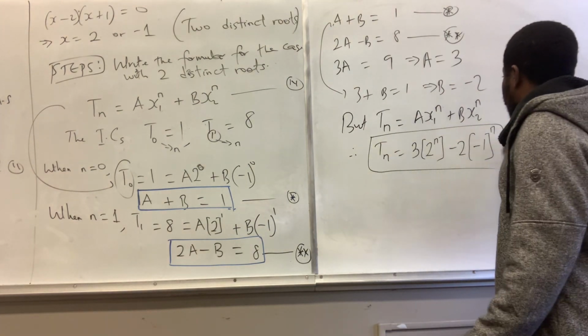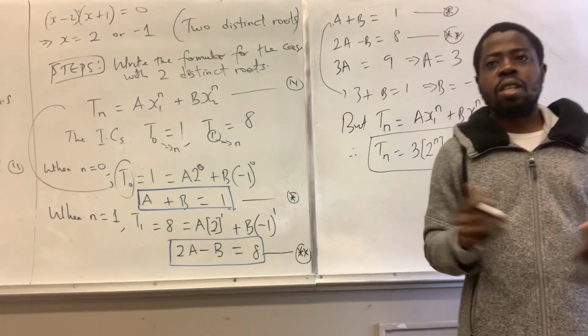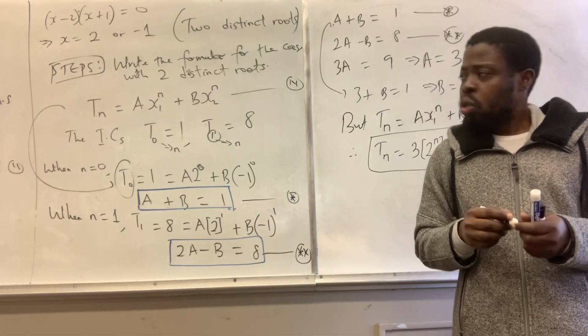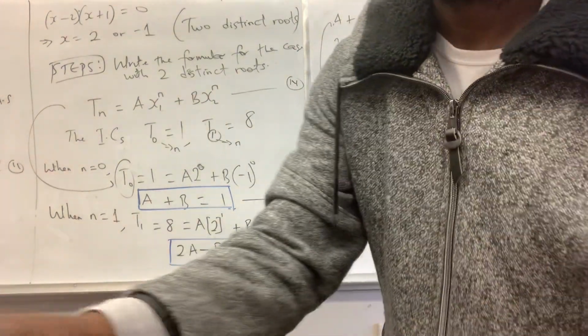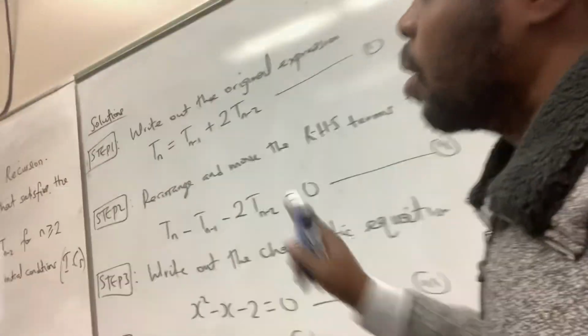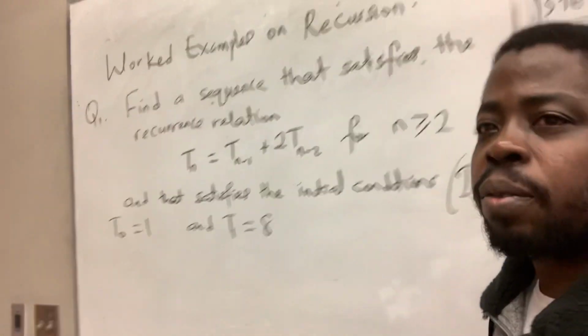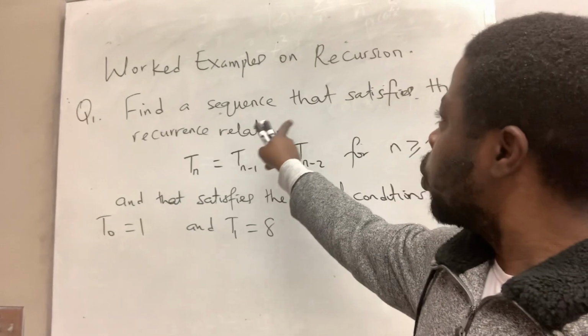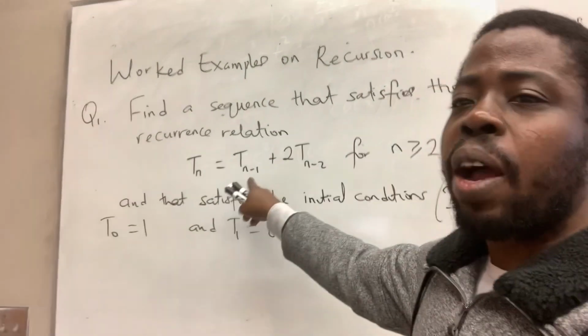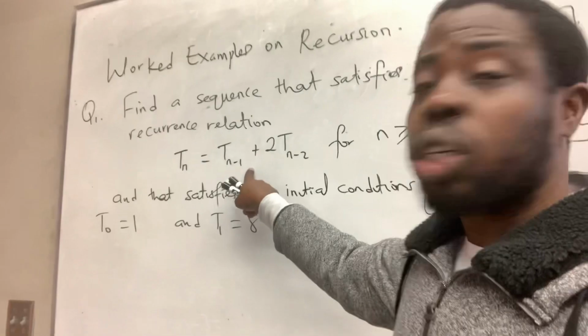Now, the essence of this is prediction. When you are given a question like this, find a recurrence relation that satisfies this, the closed form solution.